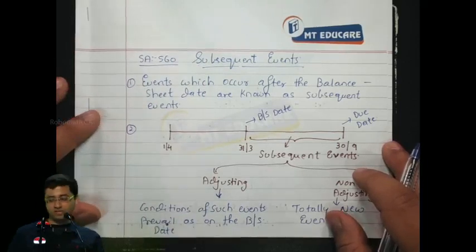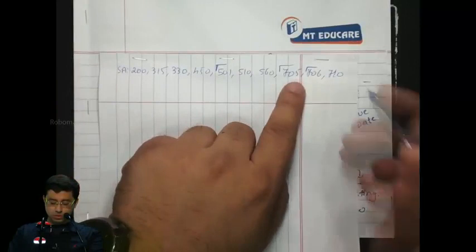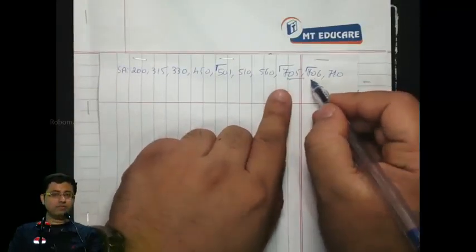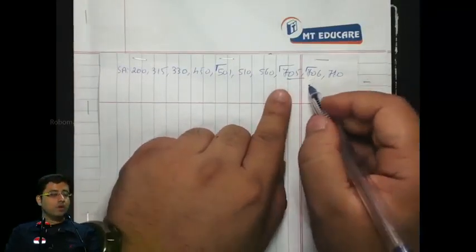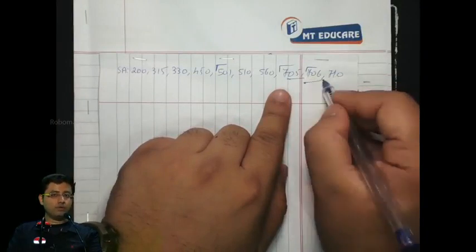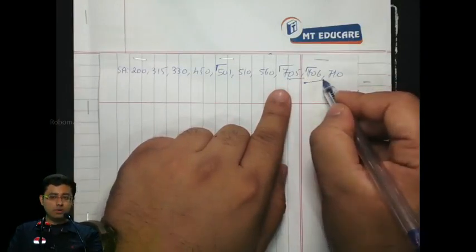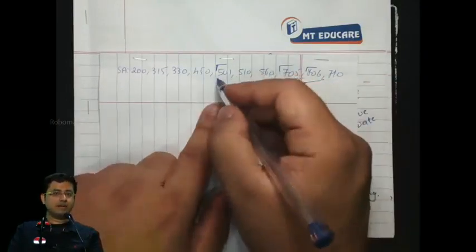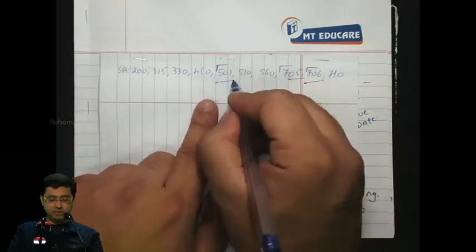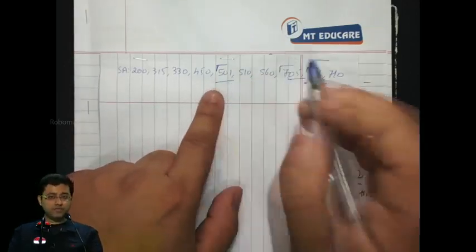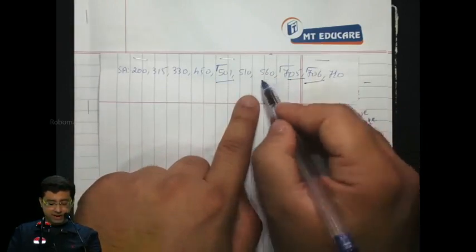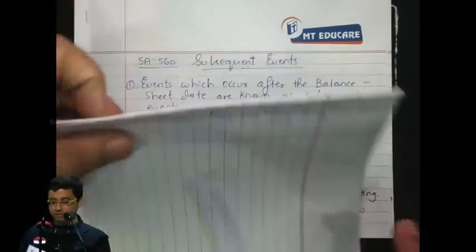So far, how many standards have we done? Which are they? 705. What was 705? Modification of auditor's opinion. What was 706? Emphasis of matters and other matters paragraph. What is 501? Audit evidence on specific items. And now what we are doing is 560, which is subsequent events.